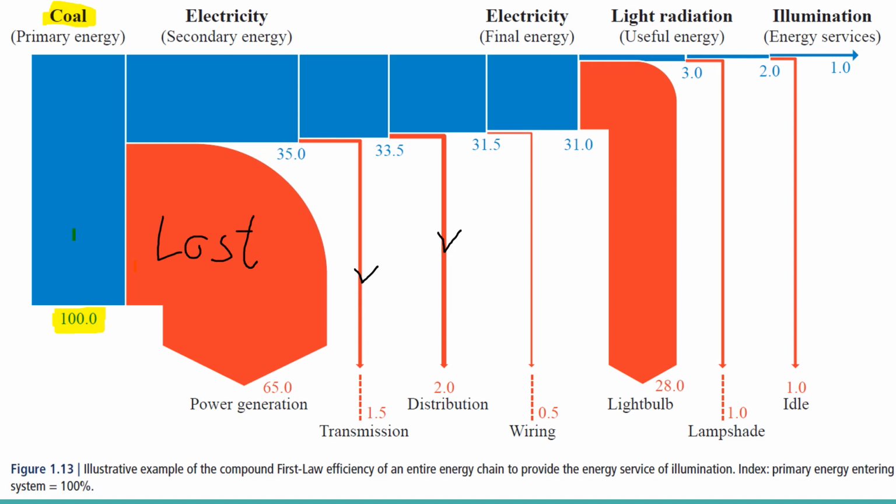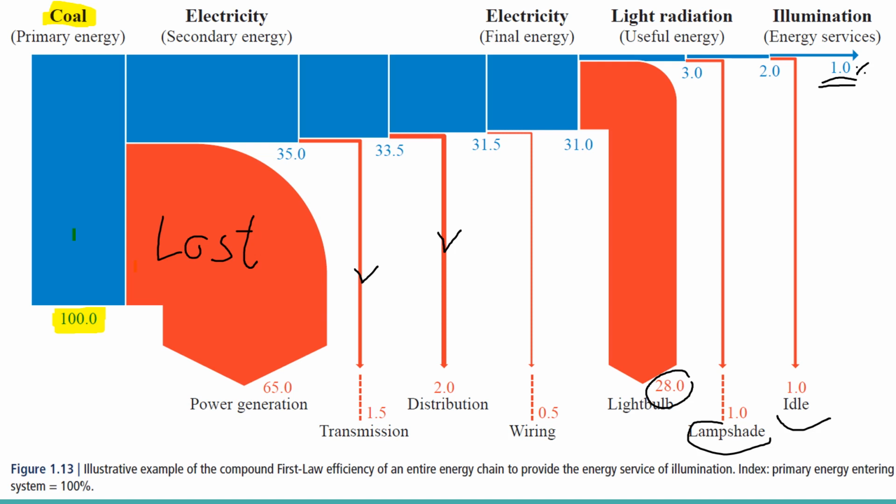But then if you go with your energy into a light bulb, then in an old-fashioned light bulb, you lose again more or less just everything. Then you have the light shade, and then you use light if you're not in the room, and finally only 1% of the whole energy is arriving where it should.